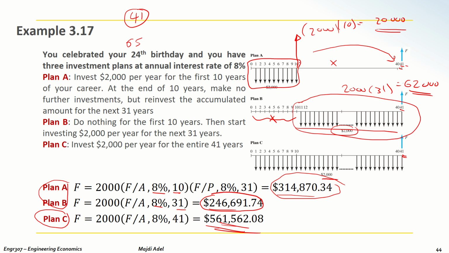So by the end of year 10, I will have much money and I will let it accumulate for 31 years in the bank. While in plan B, since I started late by 10 years, I missed this opportunity.